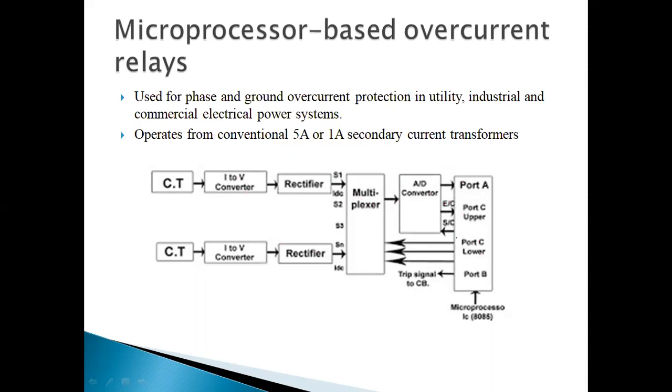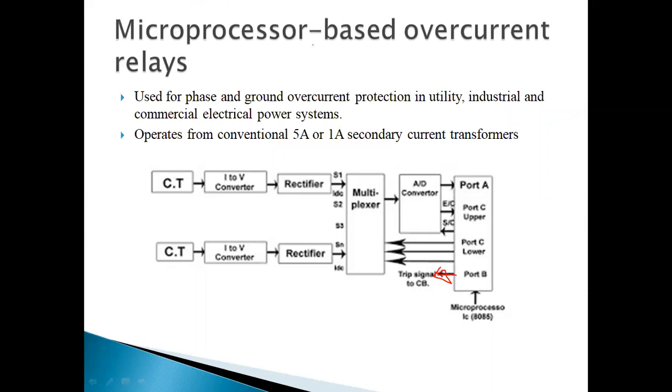The output of the microprocessor is again given to the multiplexer, because here again the comparison will be there. After comparing, if that value is more than the preset value, the trip signal will be given to the circuit breaker.